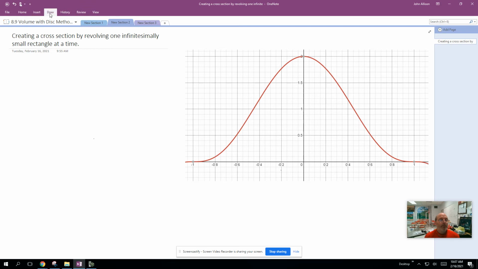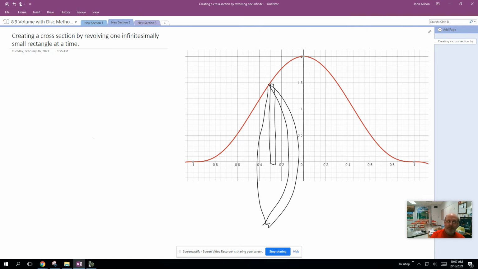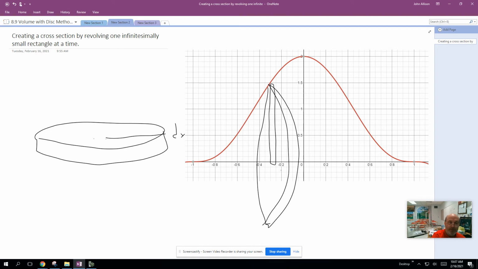If we were going to do that, we would take one rectangle, and you can see that if we revolve that around the x-axis, it would create a disk also. And if we took that disc out and we laid it on its side, we would have another cylinder where the height this time would be dx. And this time the radius would be the curve, f of x.